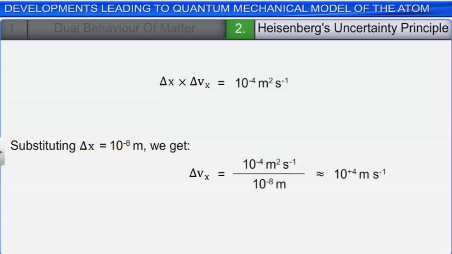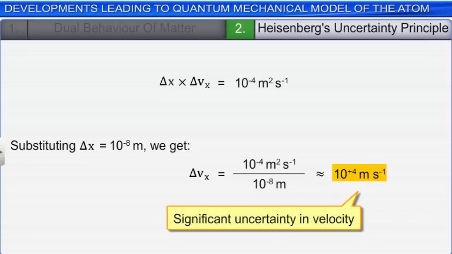This means that if one tries to find the exact location of the electron to an uncertainty of only 10 to the power minus 8 meters, the uncertainty in velocity becomes positive and enormously significant.